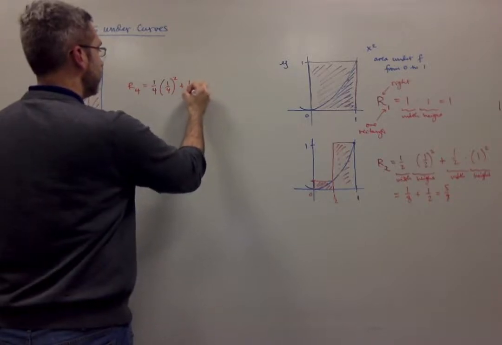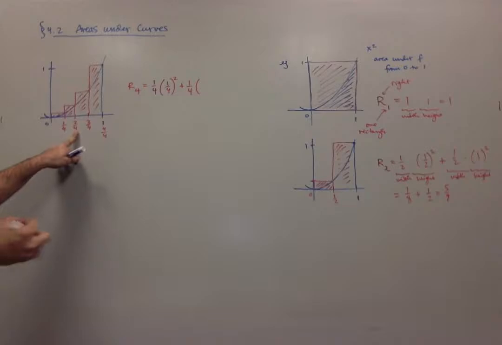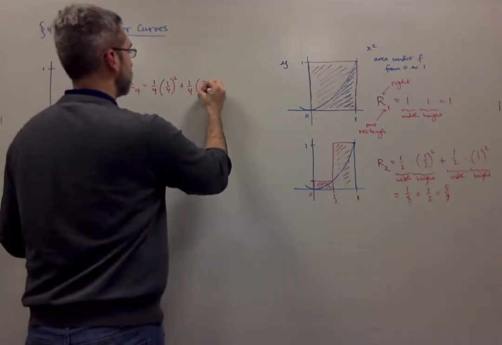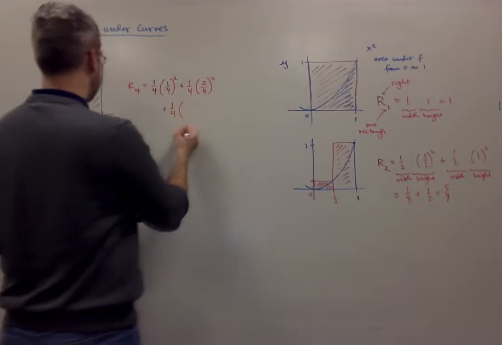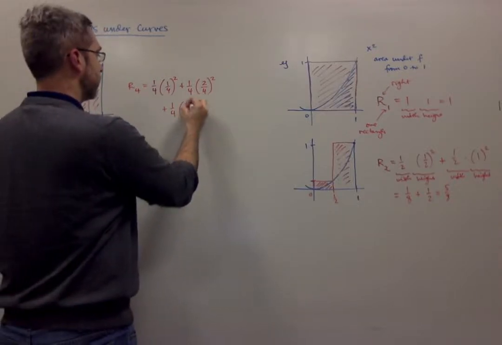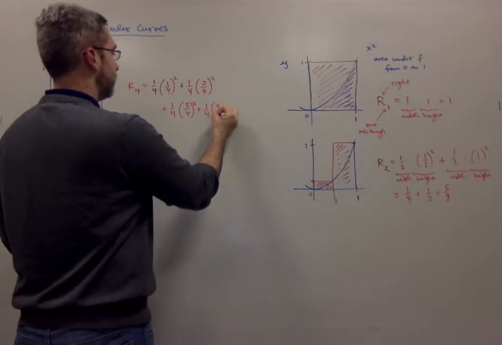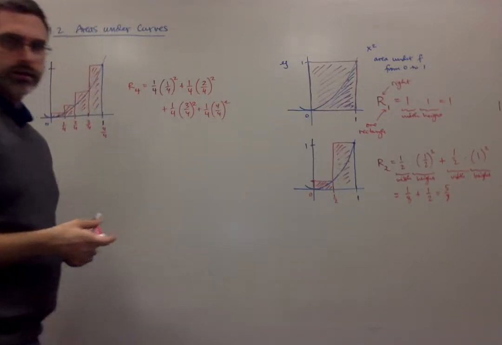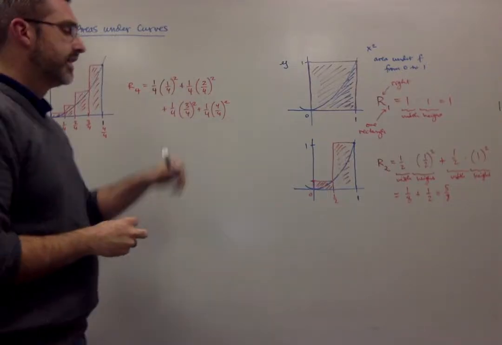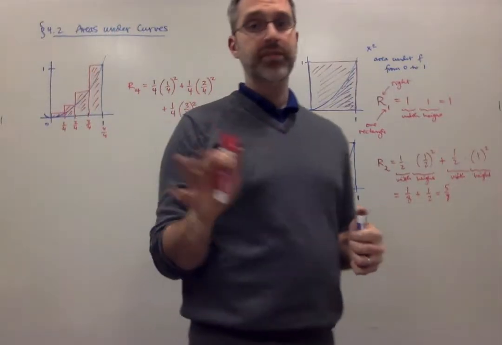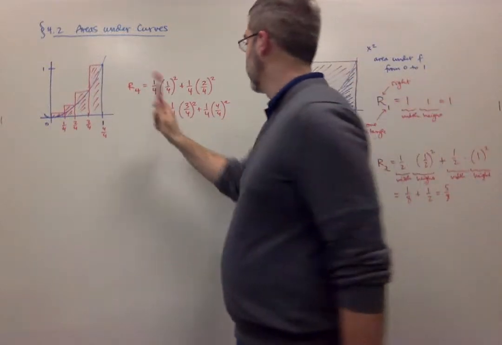Next one, width times height, where the height is what I get when I plug 2/4 into the function. Width times height is what I get when I plug 3/4 into the function. And width times height is what I get when I plug 4/4 or 1 into the function. Does that make sense? I could calculate that. That's going to be some number of 64ths, but it's going to be a better approximation than what this one was.